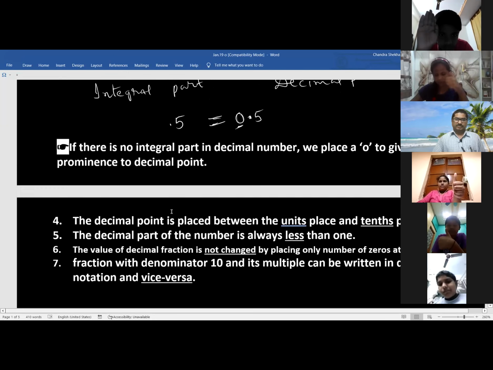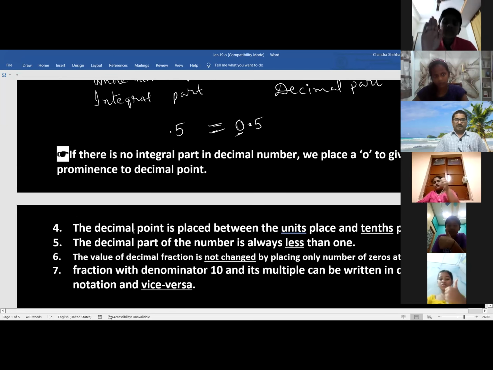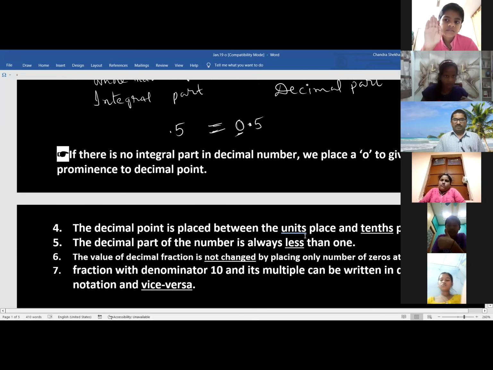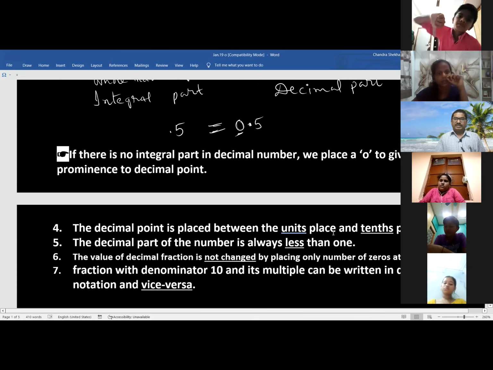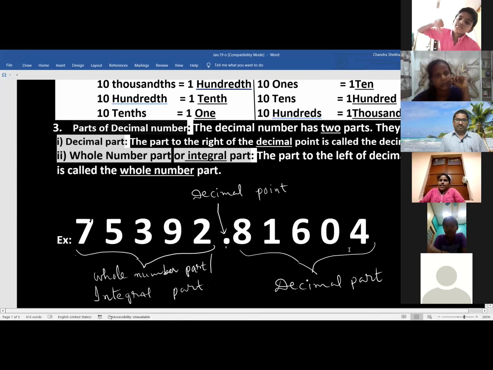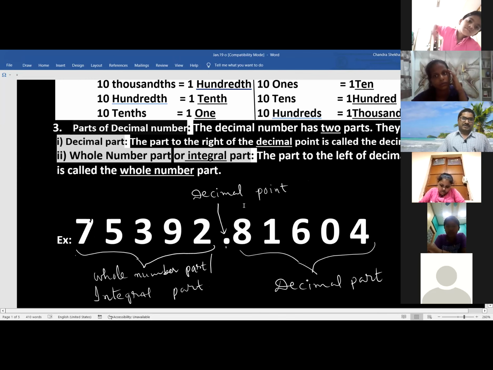Yes. Next, point number 4. The decimal point is placed between the units place and tenths place. See here, where should we keep the decimal point? Shashank Reddy.